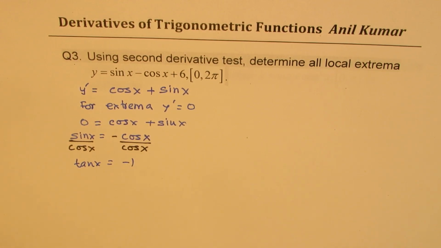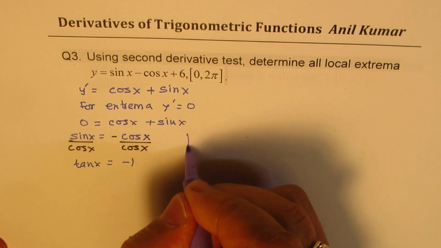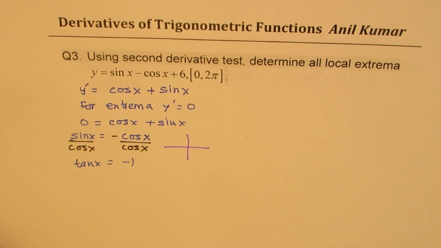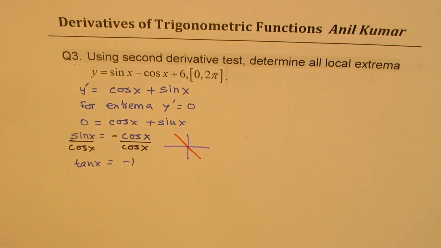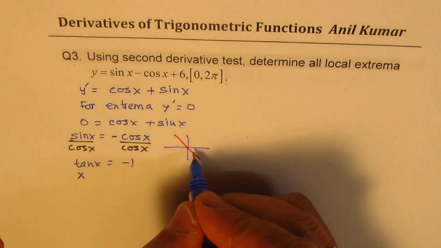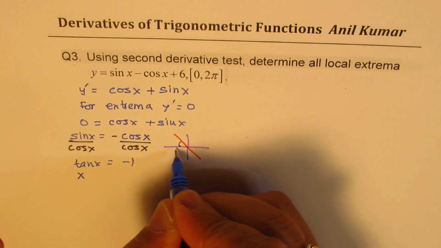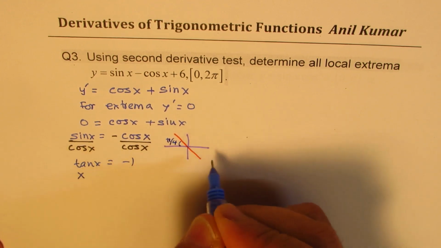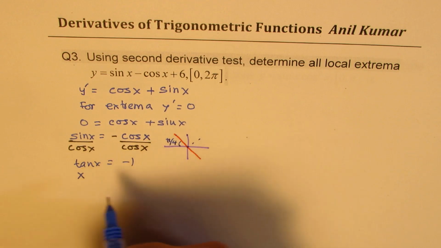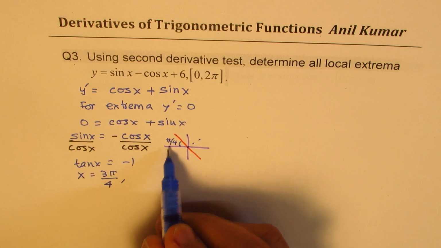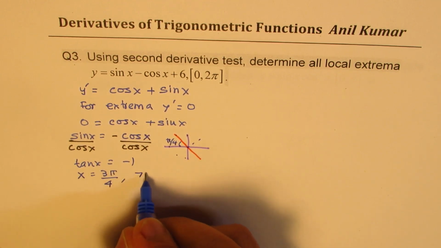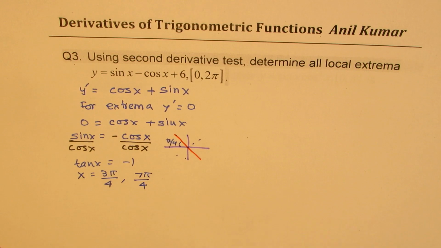So in this interval, 0 to 2 pi, tan x is minus 1 in quadrant 2 and 4, right? So we get the value of x, where the acute angle here is pi by 4, right? So this is 3 pi by 4 and 7 pi by 4. So these are the two critical points which we get.